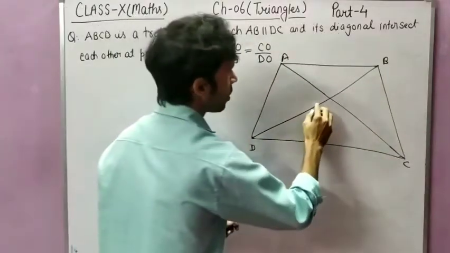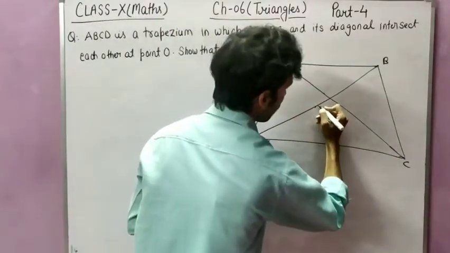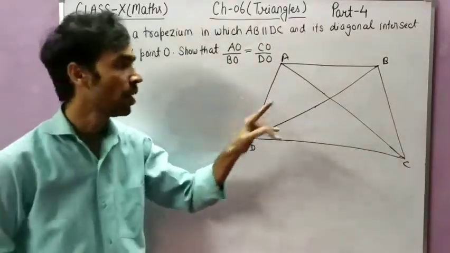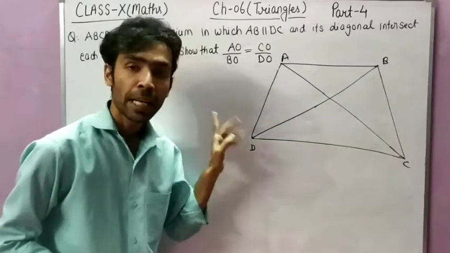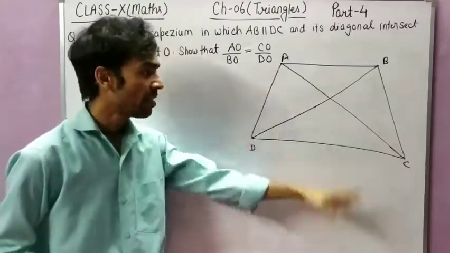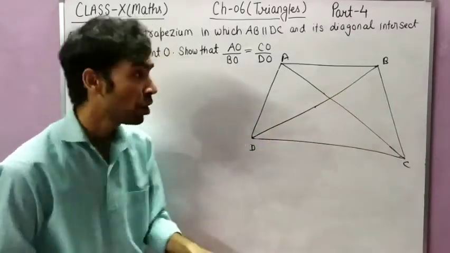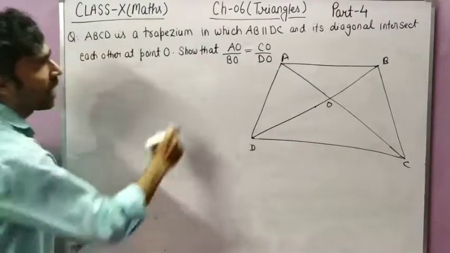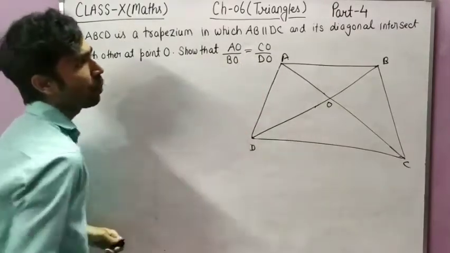It may be tilted, but assume it. Suppose it is ABCD. ABCD is a trapezium in which AB is parallel to DC and AC and BD are its diagonals, which intersect each other at O. So we have to prove that AO by BO is equal to CO by DO.